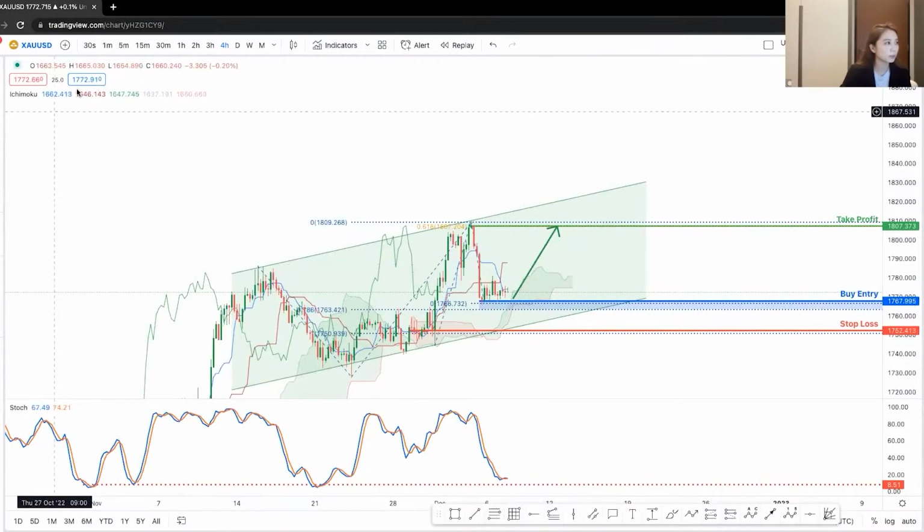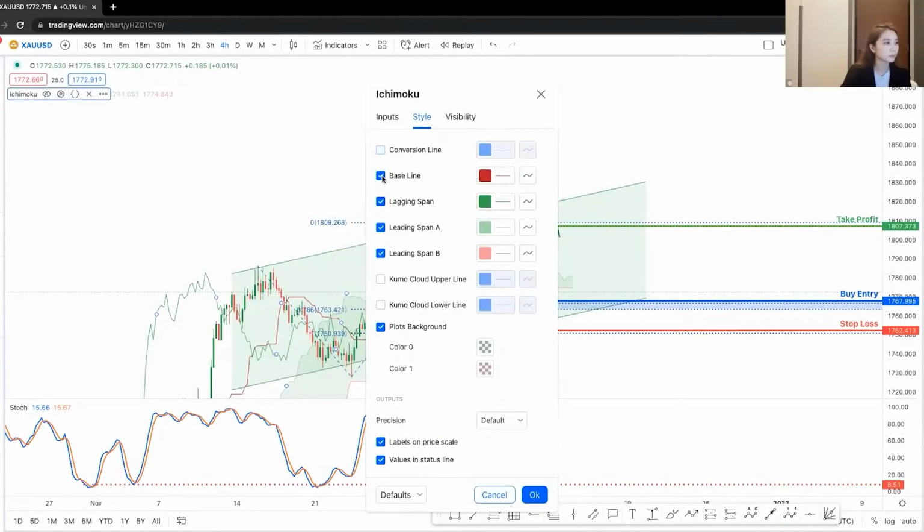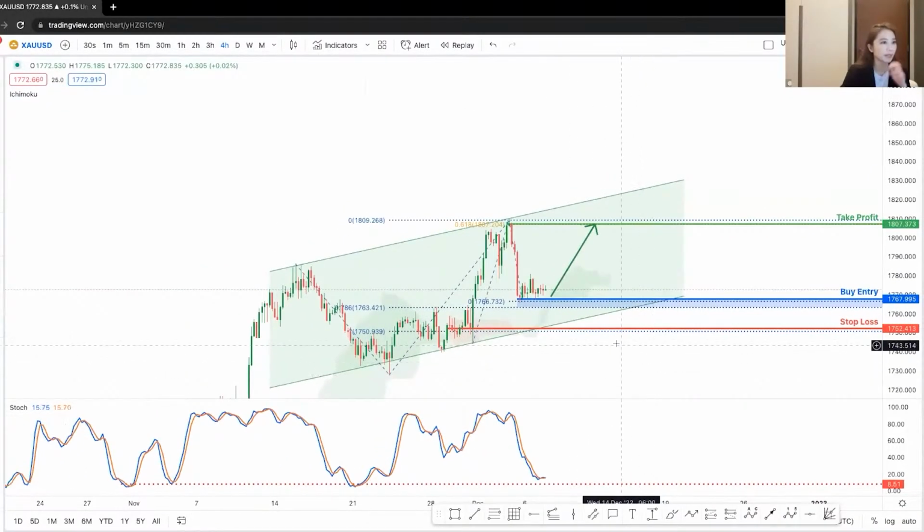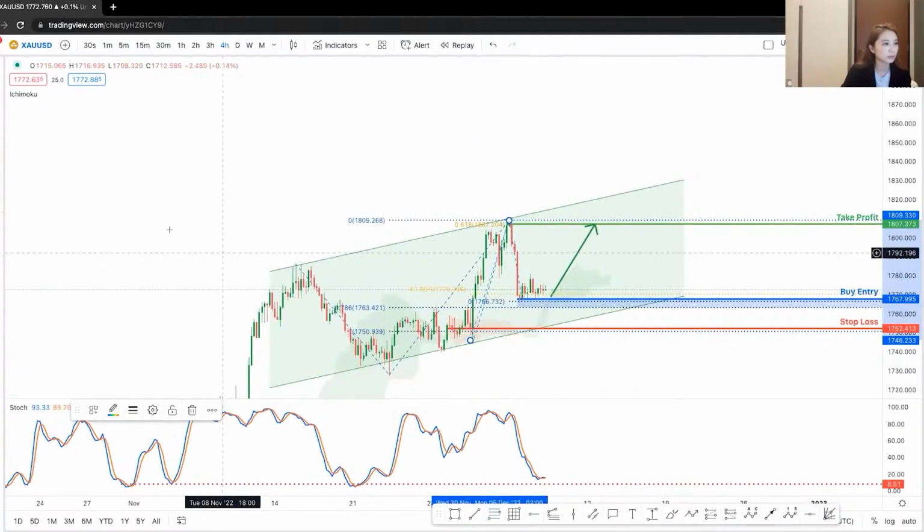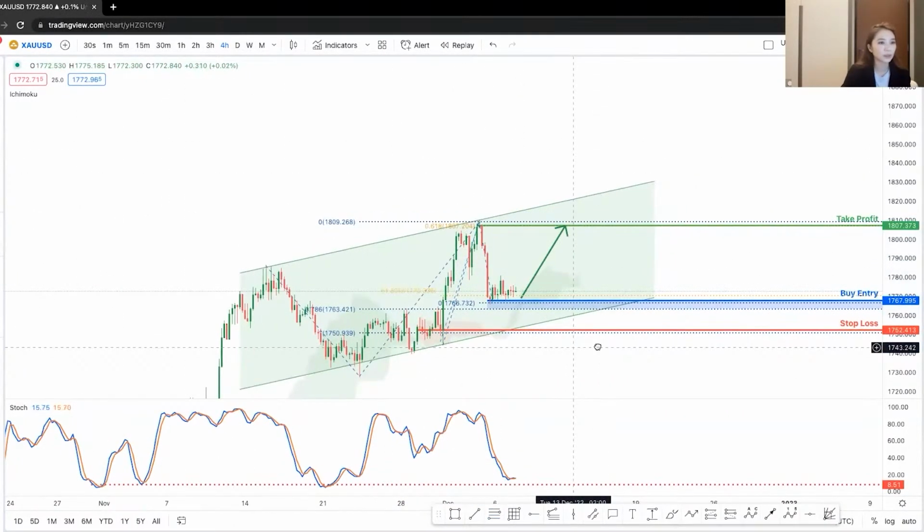Price is also holding above our cloud. Okay, this is my take. Let me just add in a retracement, 61.8 as well. This is what I'm looking for, gold.